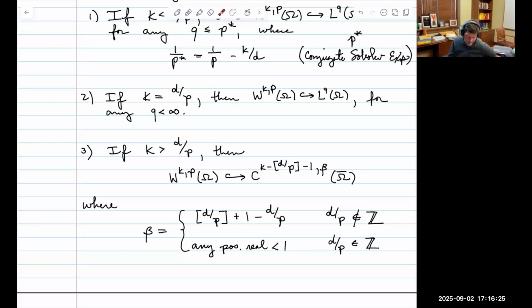But either way, if the product kp is large enough, strictly bigger than d, then actually these functions are a subset of continuous functions. Now, you've probably seen these functions called Holder continuous functions before, or talked about them. I don't really care about this Holder exponent here, so we're not going to worry too much about this.